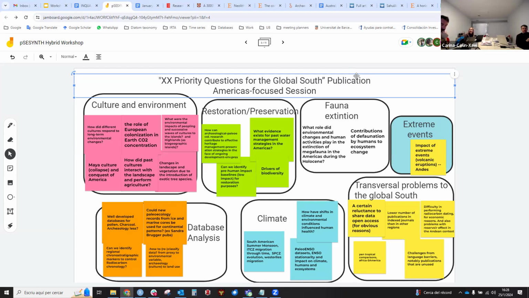And then we have this question about faunal extinction and defaunation by humans that we understand is related with faunal extinction also, but it's our interpretation. And yeah, it can be local extinction. Yeah, the defaunation.